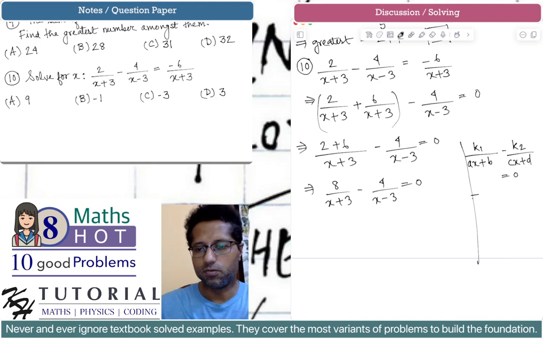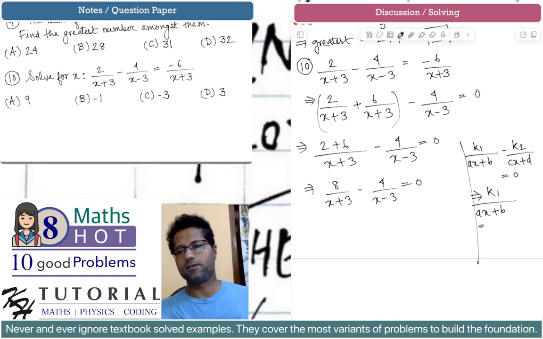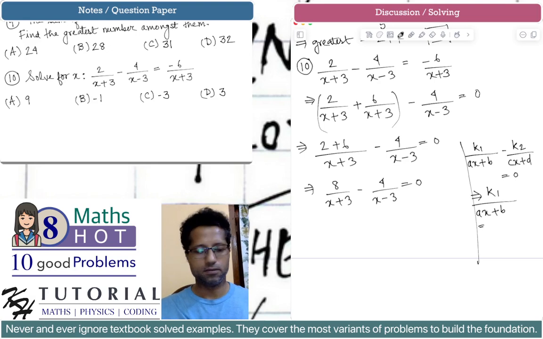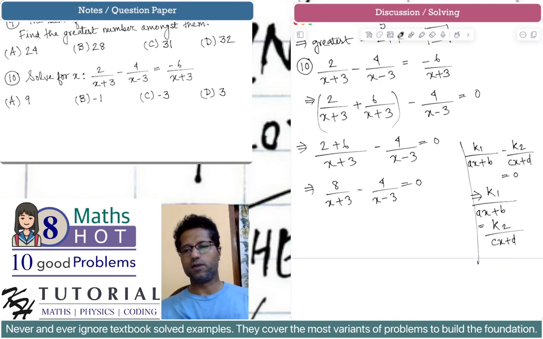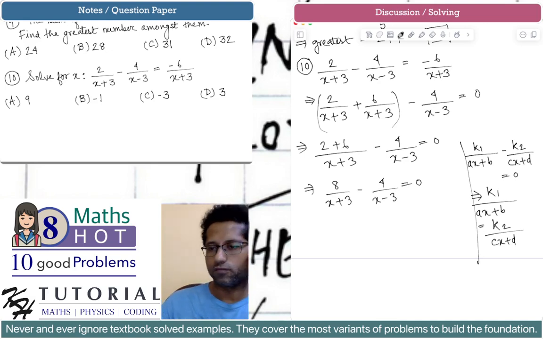Then you can say k1 by ax plus b will be equal to, if you take the minus k2 by cx plus d term to the RHS, k2 by cx plus d.